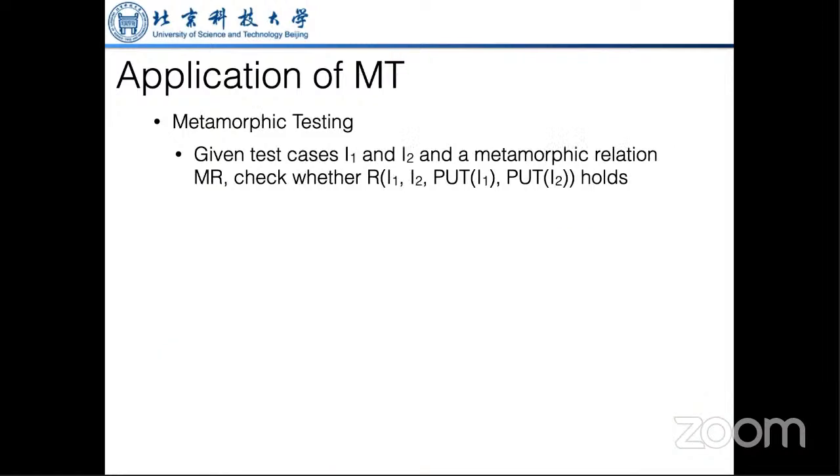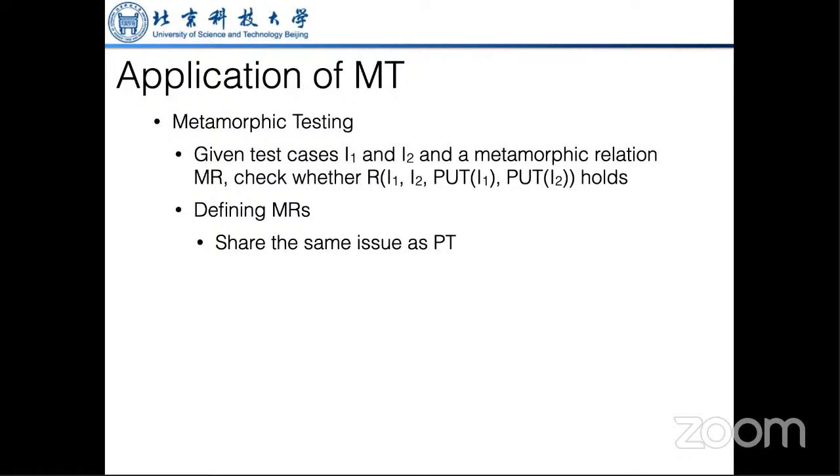Metamorphic testing is an innovative testing approach that is developed from the property-based testing. The basic idea is to use a metamorphic relation R, which is a necessary property, to check whether a source test case and a follow-up test case can make R satisfied. Similar to property-based testing, the key to metamorphic testing is to define high-quality metamorphic relations.